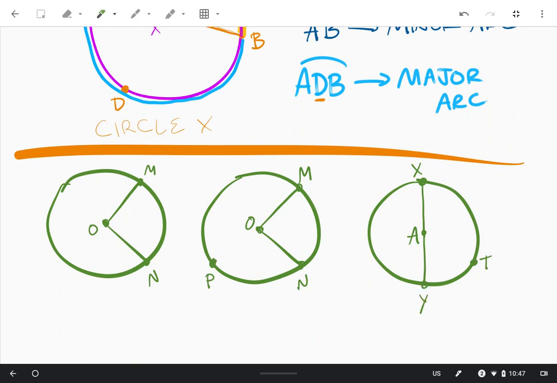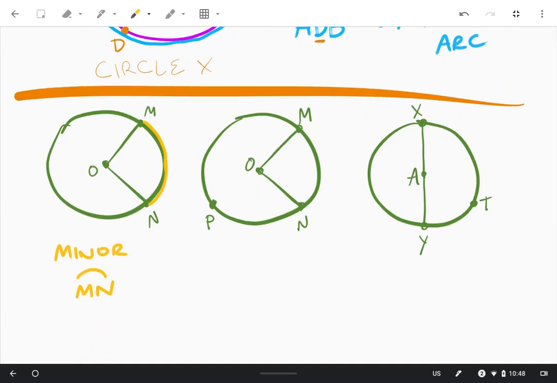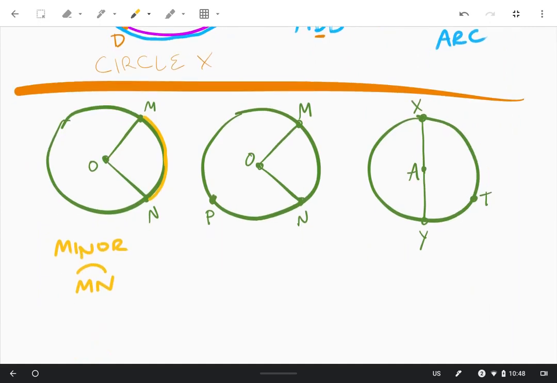Okay, so these are the three main types of arcs that you have when you're dealing with circles. The first, we already discussed, is the minor arc. This would be a minor arc called arc MN. The thing you need to know about minor arcs is that they have a measure that is less than 180 degrees.